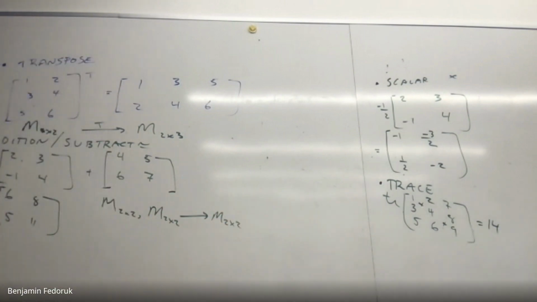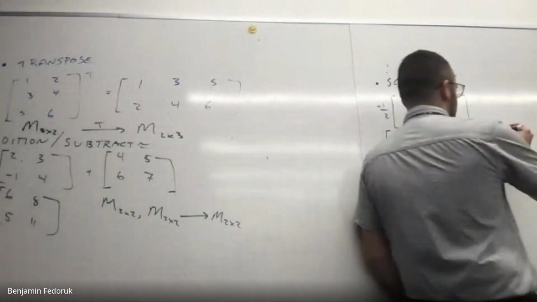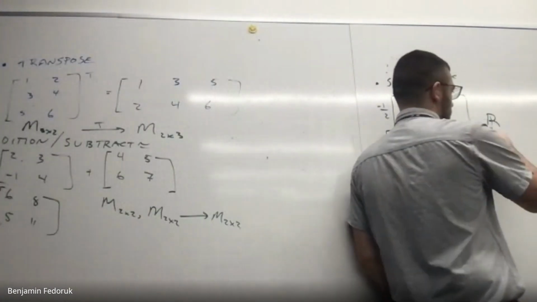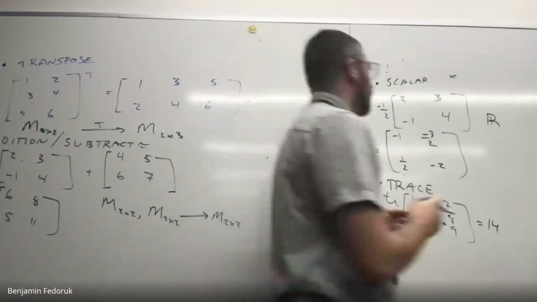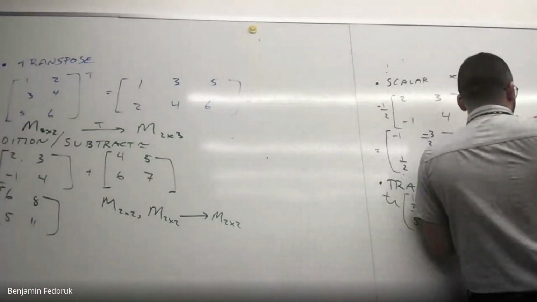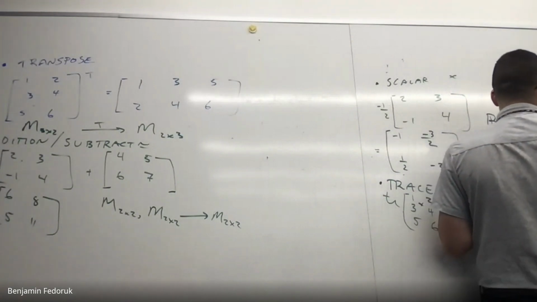I know this seems obvious, maybe, but it's important to see exactly what we're doing. Scalar multiplication takes in a real number, so I'm just using R for a real number, any number on the number line. And it takes in a matrix, in this case 2 by 2, and outputs a matrix of that same size.